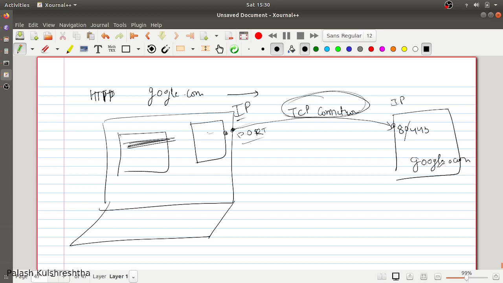Again, the operating system running on google.com converts that information into TCP packets. They are sent back over the same connection, and when the operating system receives the TCP packets, they are converted back to HTTP or whatever protocol was initially used, and then consumed by the requesting application. This is how HTTP works.